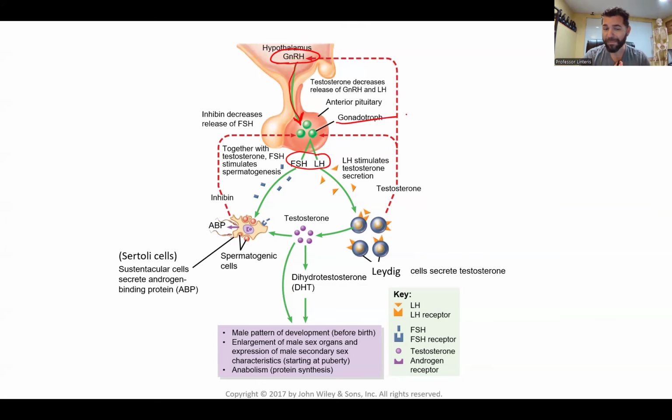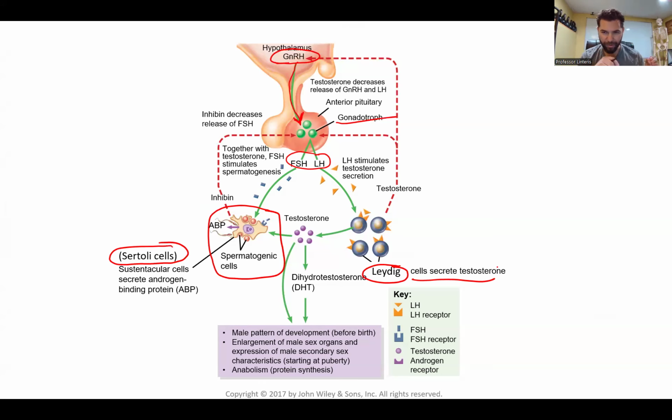These gonadotropic hormones go into the blood. FSH works on the Sertoli cells, right? They produce ABP, etc., helping sperm production, right? The spermatogenic cells. And LH goes to the Leydig cells, which makes them release testosterone.